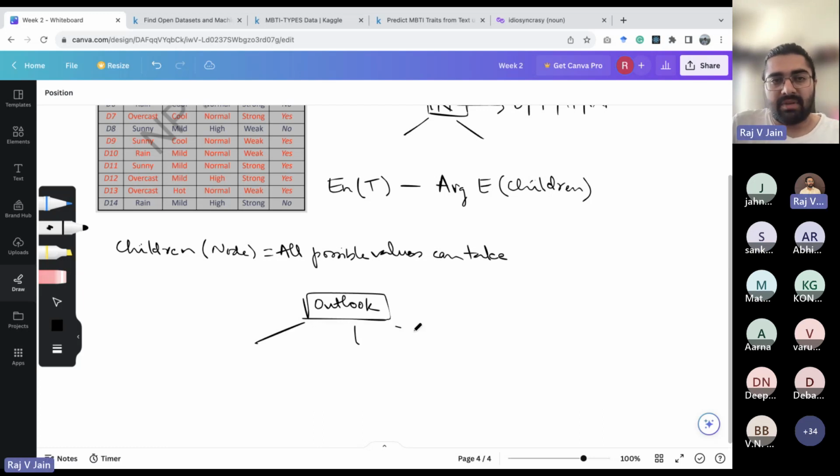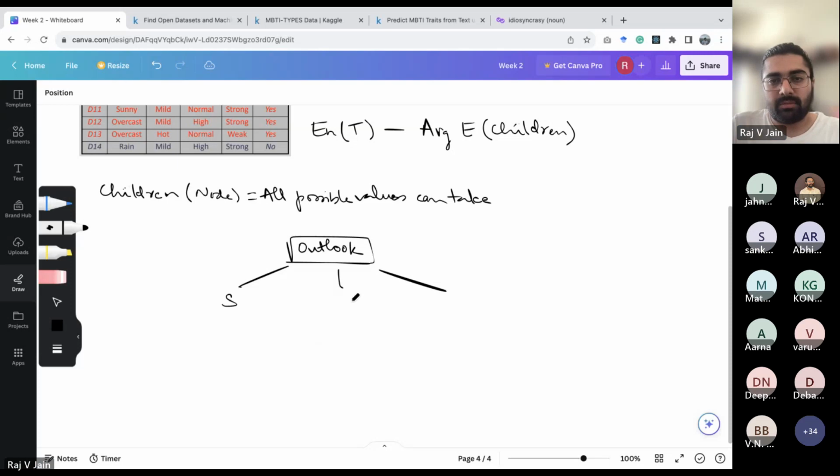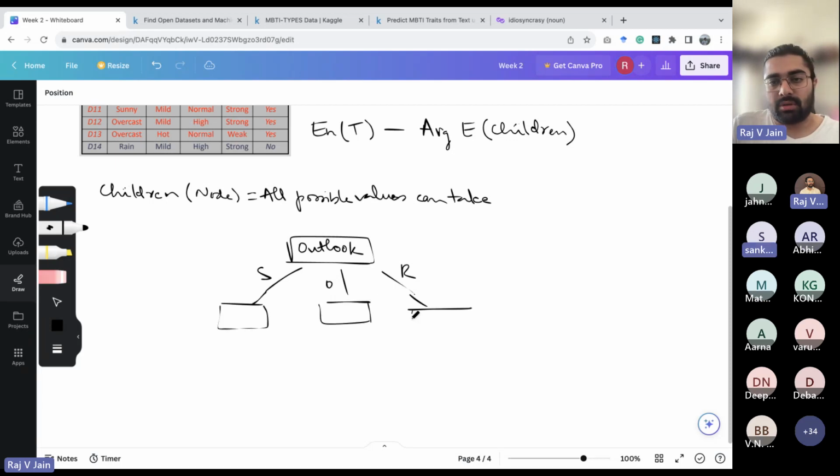And this can take three values: sunny, overcast, and rain. And this is then the next set of nodes that I have got. So this is the parent node and these are the children nodes.